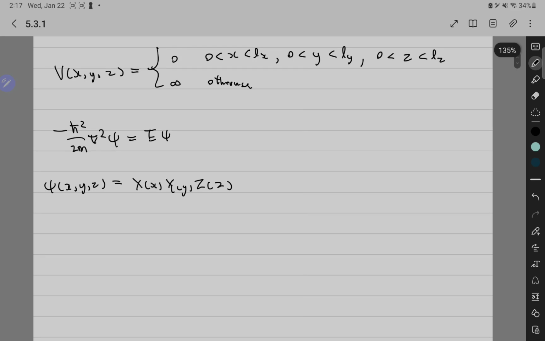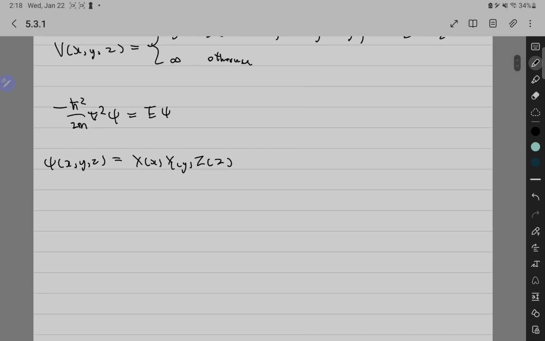And you're going to see why we're doing this very soon. But what we simply do here is assume that our wave function can be broken down into a product of three individual functions, whose variables are their own spatial coordinates. Simply put, that's what I did here. Nothing more to it.